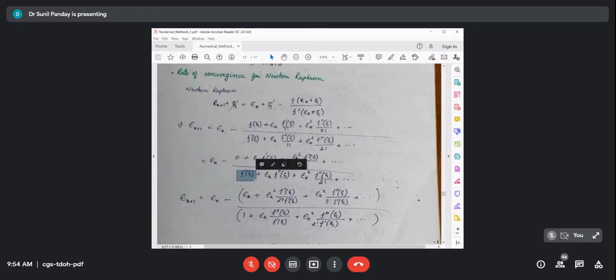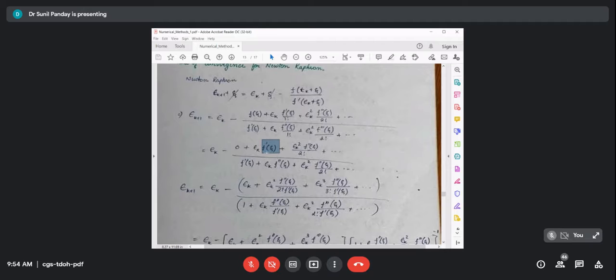Again, the next step is to take this f dash xi common from numerator and denominator, like we already did in the second method. If we take f dash xi common from the numerator, it will be outside, and you will get this kind of term. Similarly, in the denominator you take f dash xi common, you will get this one.